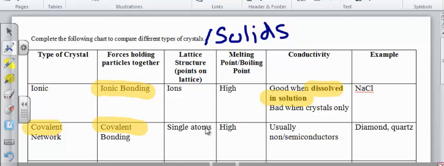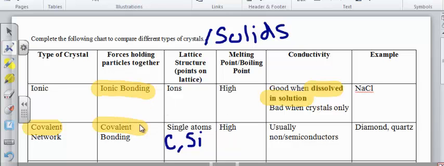And you're going to have single atoms that are held together. Most commonly with covalent network, they usually are carbon atoms or silicon atoms, but they're going to be single atoms. And I'm going to draw some pictures of these when we go over the study guide that will hopefully make this easier to understand in terms of what's on the lattice point and what forces hold them together.